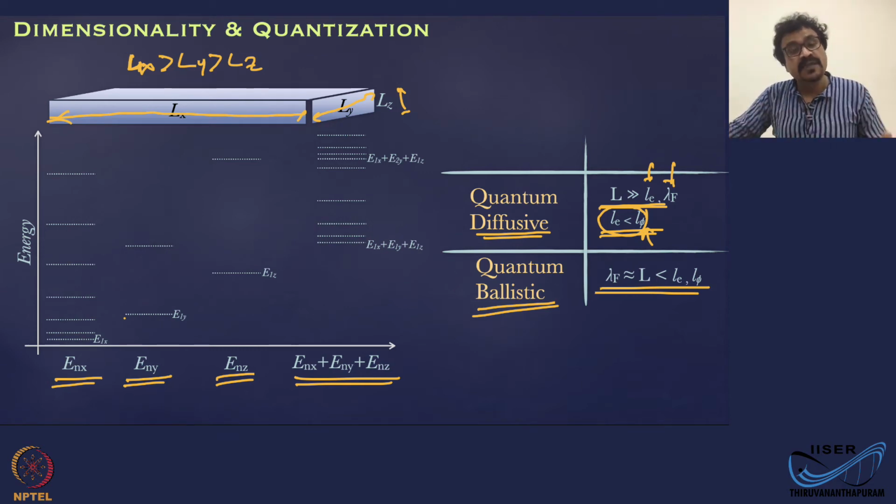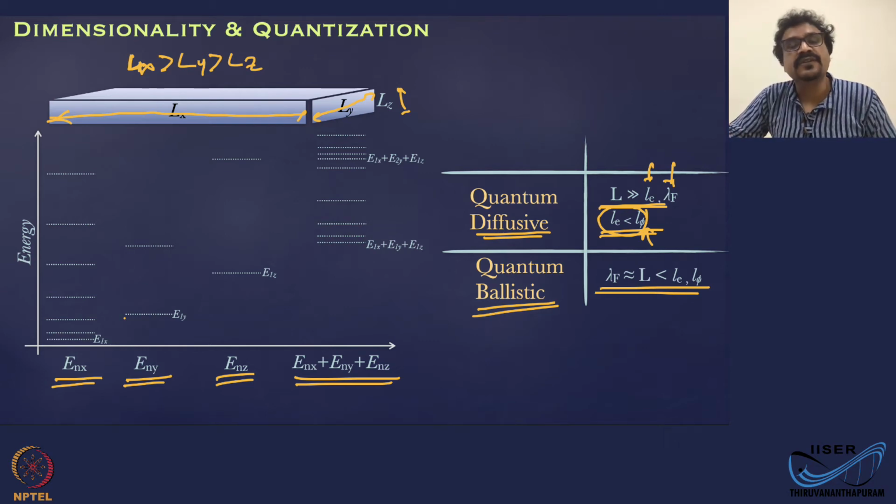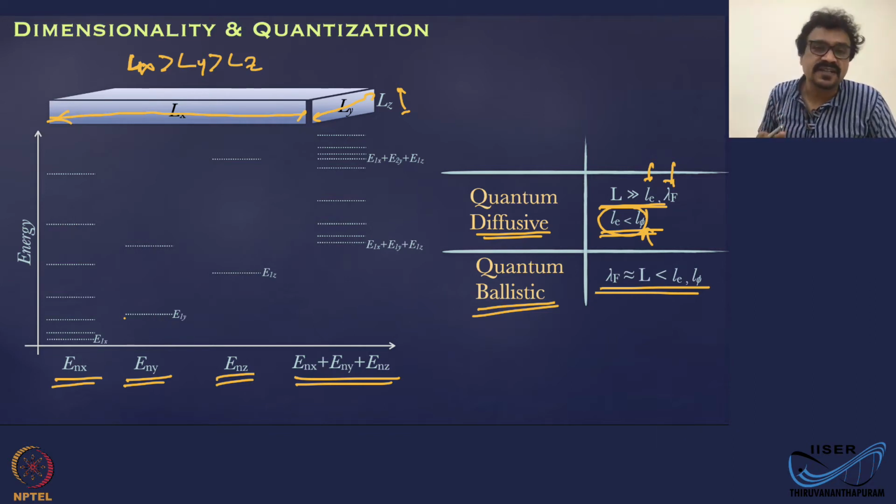If there is more time, they will travel a longer length, and move through the system without scattering. You get a larger mean free path, LE, when you have higher mobility or fewer scattering events. So observation of this quantization depends on dimensionality and also on the mobility. The dependence on dimensionality comes through the mobility. So if you have really high mobility, you can observe quantization with larger dimensions of the system.